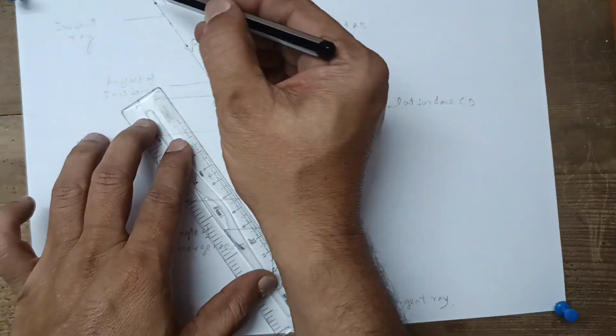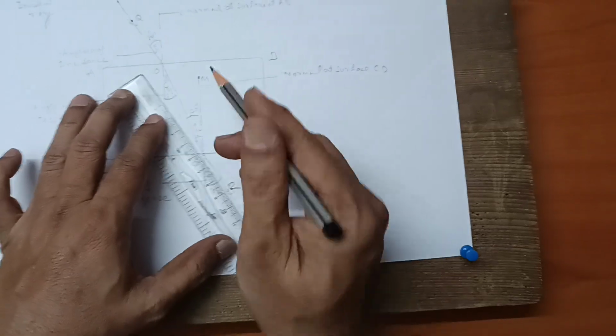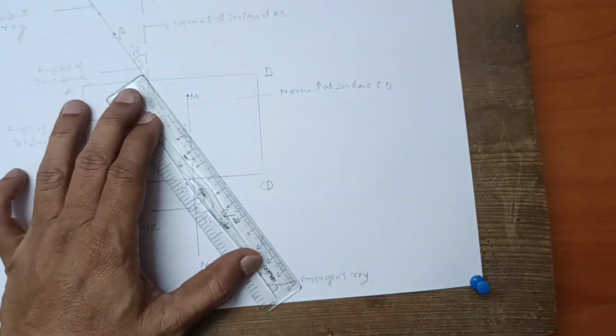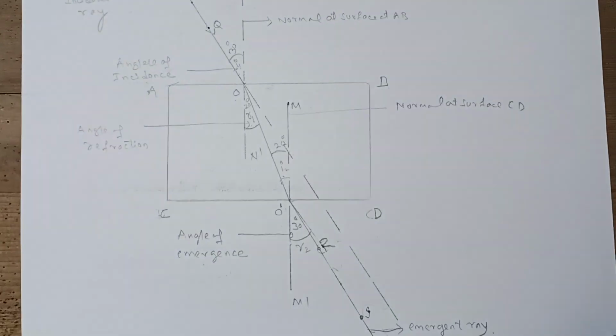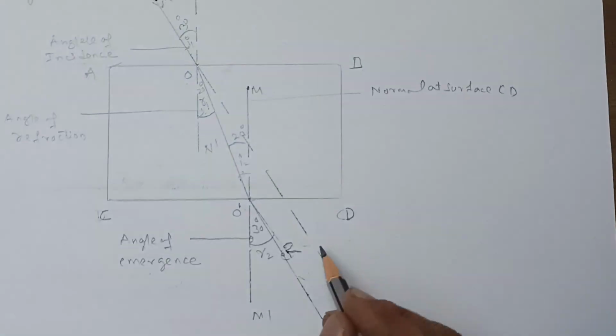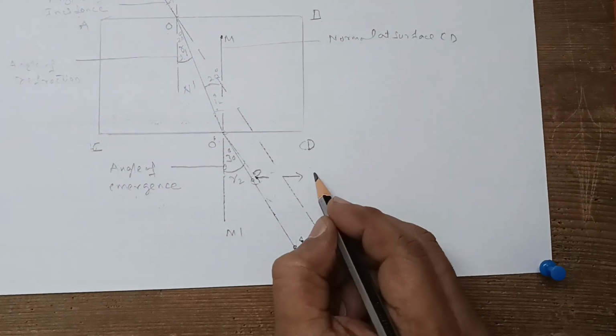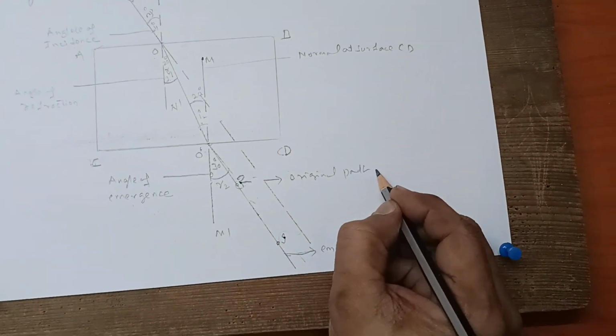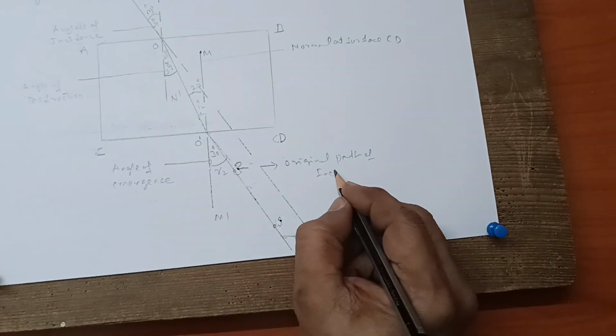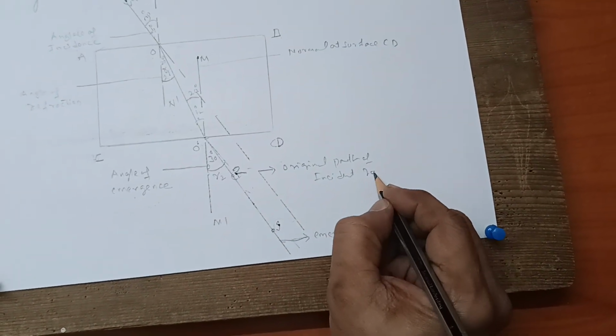Now we have to produce this incident ray forward by a dotted line. This is the incident ray produced forward, and this is the original path of the incident ray.